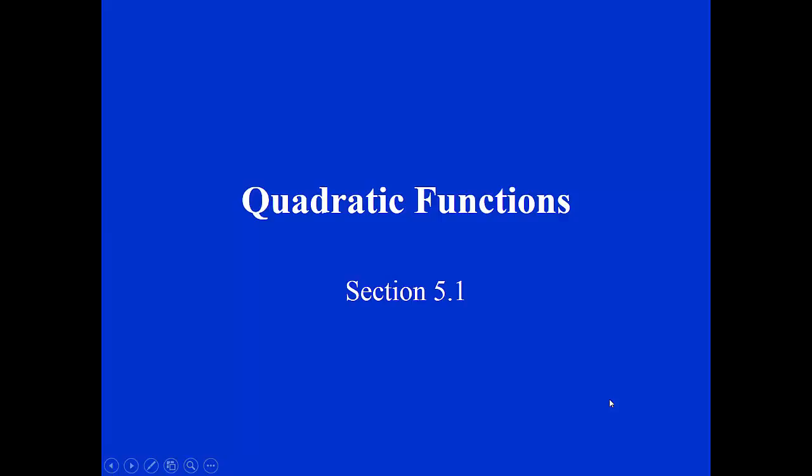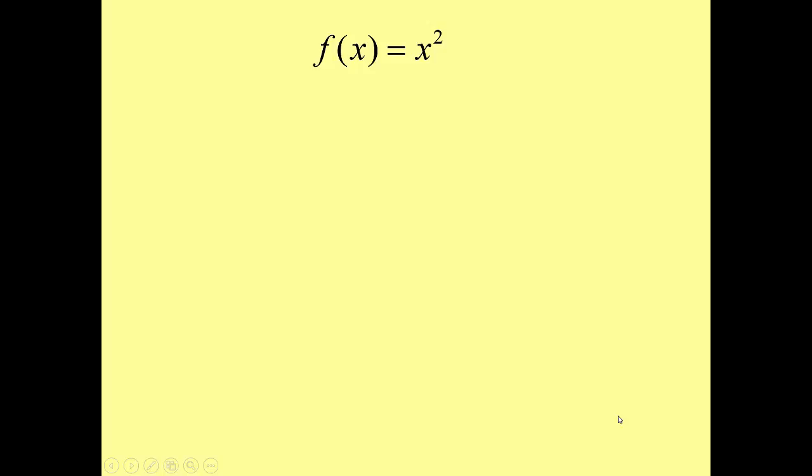We begin Chapter 5, where we're going to be investigating more information about quadratic functions. We already know some things about those. Everything that has an x squared is a quadratic, as long as you don't have any higher powers of x.